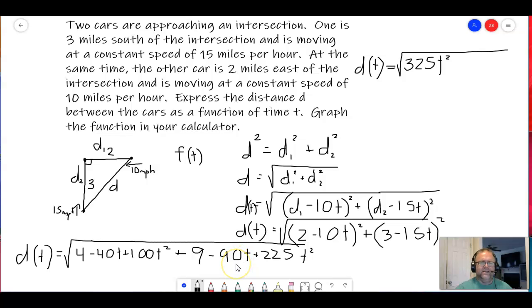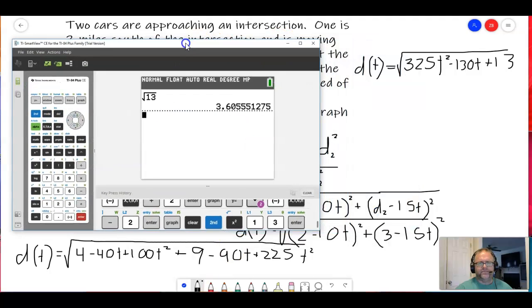So that's going to be minus 130t. And then for the numbers, the constants, I have a 4 and a 9, so that's plus 13. So this here is our final function. It's a function with respect to time of the distance.